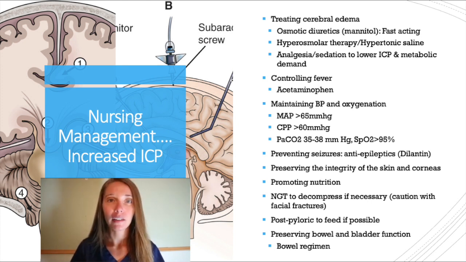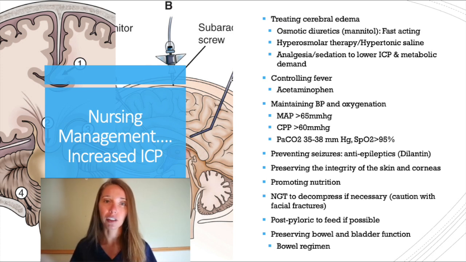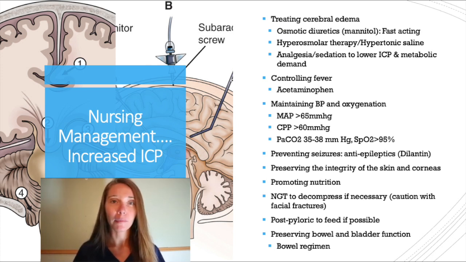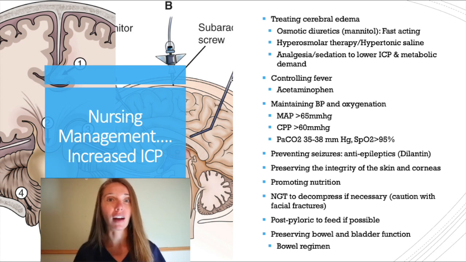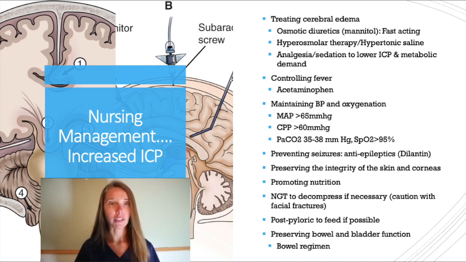We also want to make sure we are providing adequate skin care, preventing skin breakdown, especially if your patient is intubated, sedated, they can't move on their own. We need to do a really good job of turning them, cleaning them, repositioning them in a way that doesn't cause them to become irritable and over aroused to the point where we're increasing intracranial pressure, but at the same time we're preventing skin breakdown and pressure injuries.